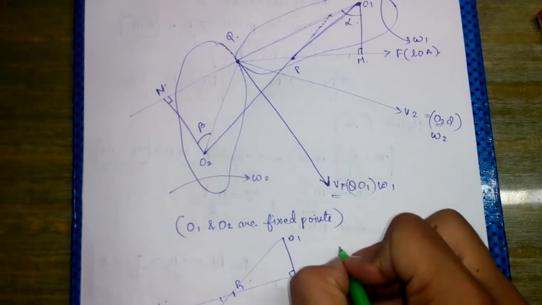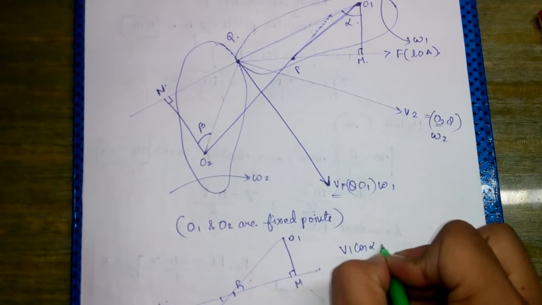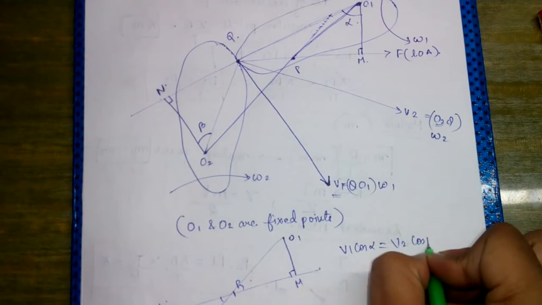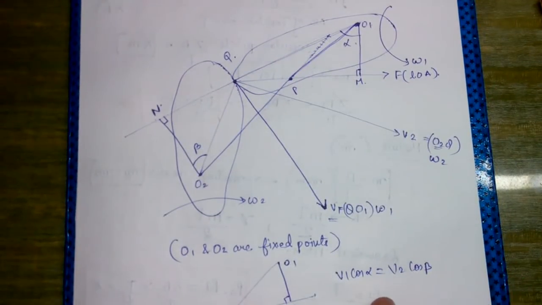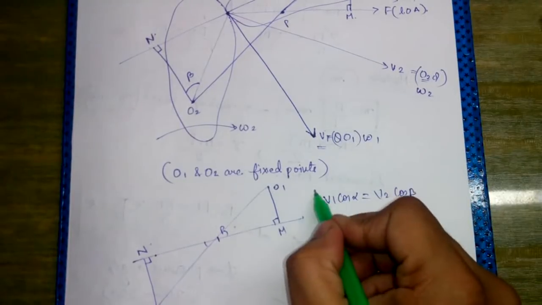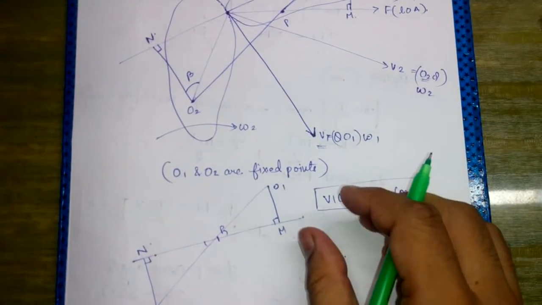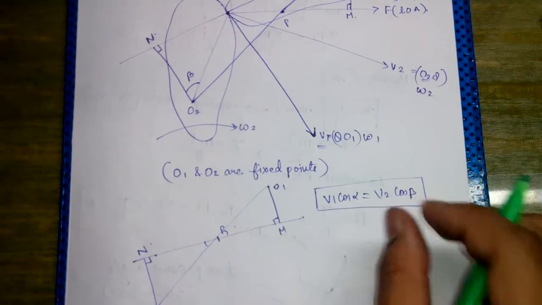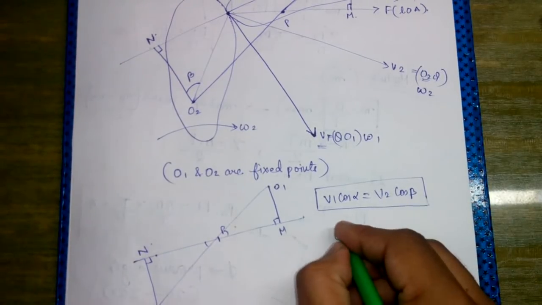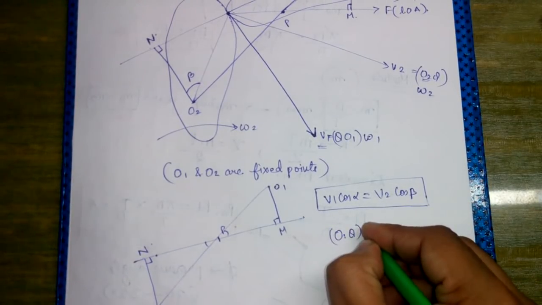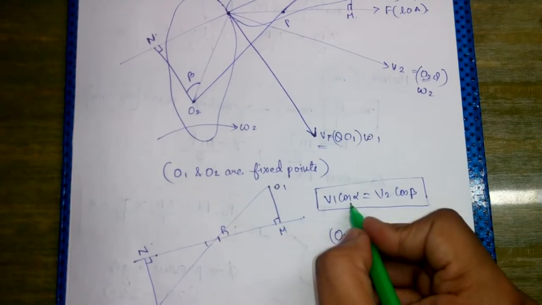So we will see that V1 cos alpha is equal to V2 cos beta. We have resolved these velocities and they would be equal because the components are the same along the line of action. So O1Q into omega 1 into cos alpha.